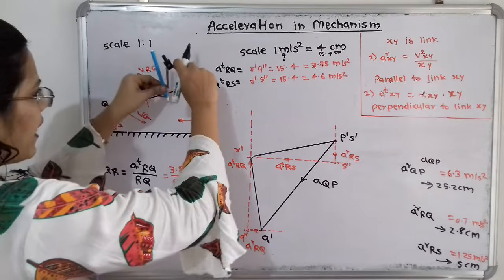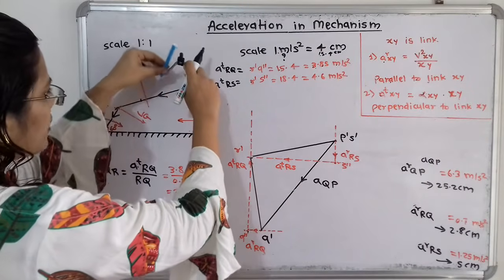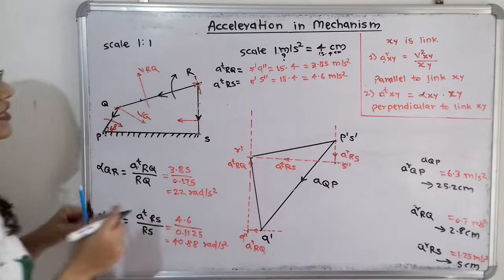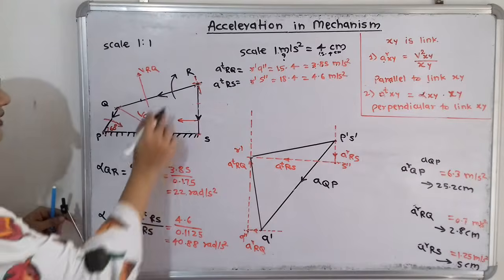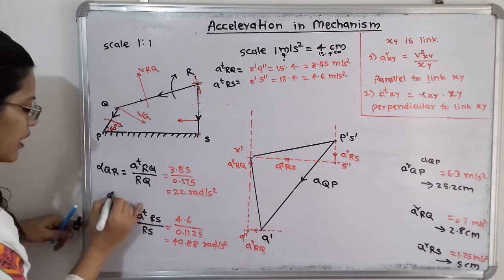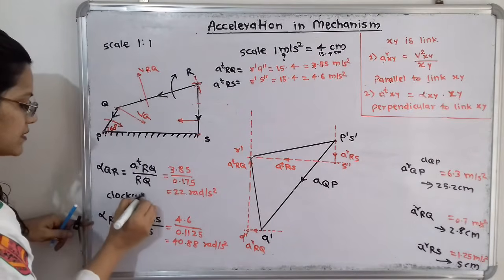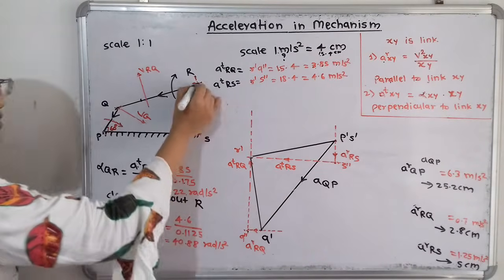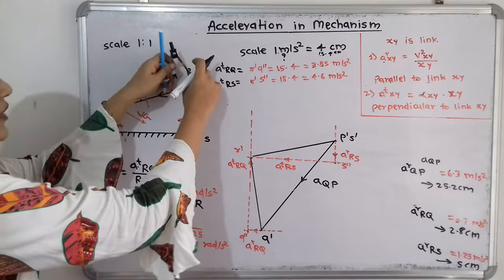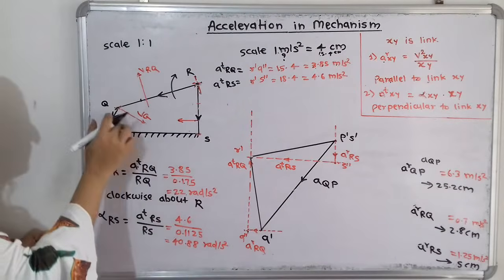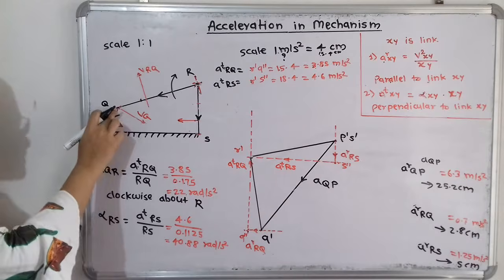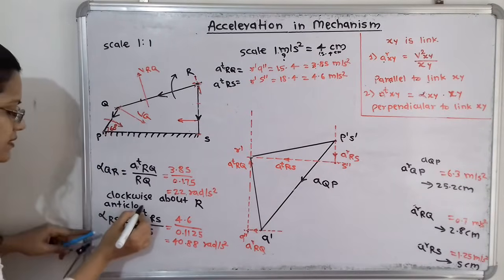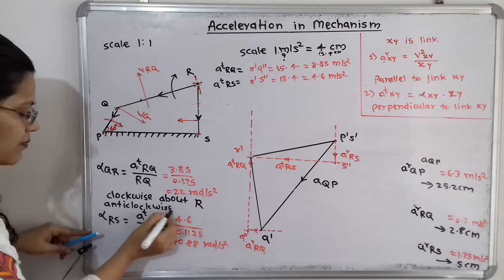If I take R as the center and move the compass in that direction, I get the clockwise direction. So it is clockwise about R. This R is important because we have taken R as the center. We can also write the answer as anti-clockwise about Q.